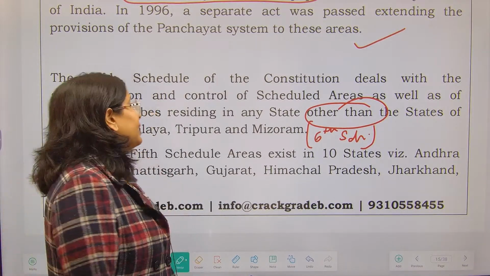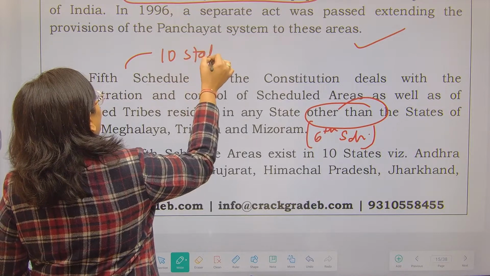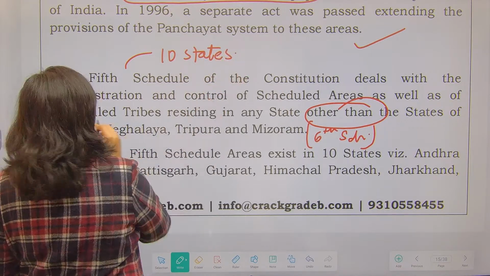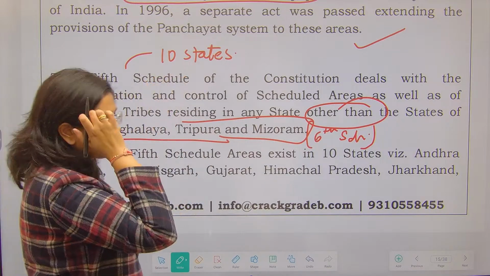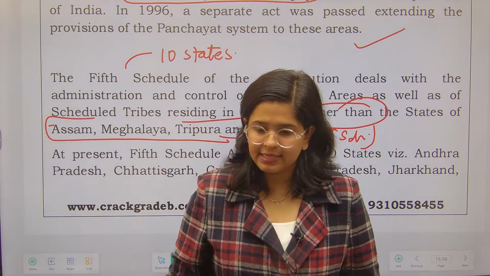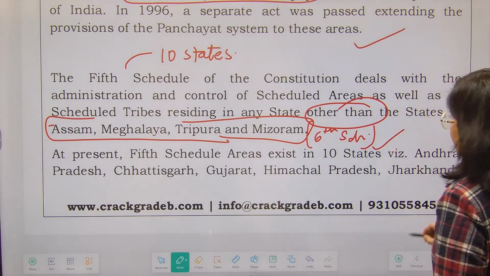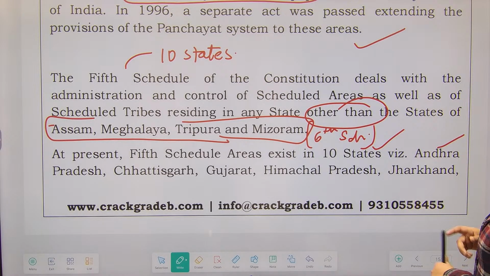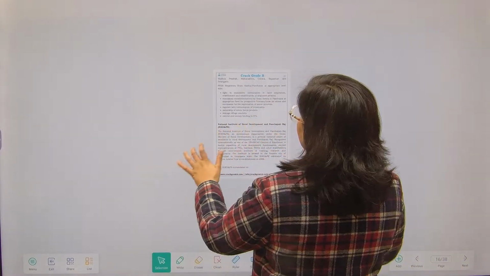And there are currently 10 states in it. यहाँ पे इस वक्त 10 states हैं. These 4 states are in the 6th schedule, and in the 5th schedule you have the 10 states. At present, 5th schedule areas exist in 10 states. Example: Andhra Pradesh, Chhattisgarh, Gujarat, Himachal, Jharkhand, Madhya Pradesh, Maharashtra, Odisha, Rajasthan, and Telangana.